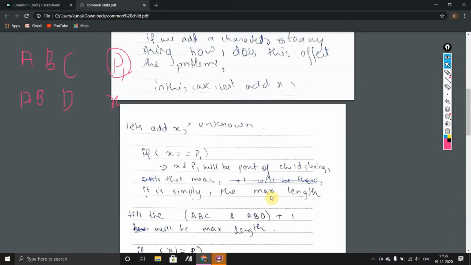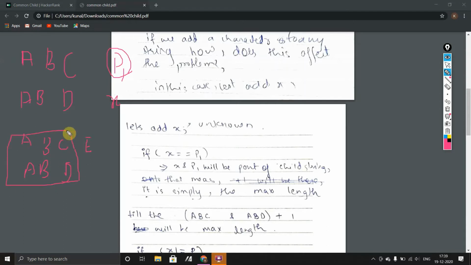That means it is simply the max length till ABC and ABD plus 1. Now what I am trying to say here is, let's say in this case ABC and let's say here E comes, and ABD, for these arrays we already know what the value is, and here again E comes. Now if these two are similar, these can always be included in the child, and we have to make the child maximum, so we will always include these two because these are always equal.